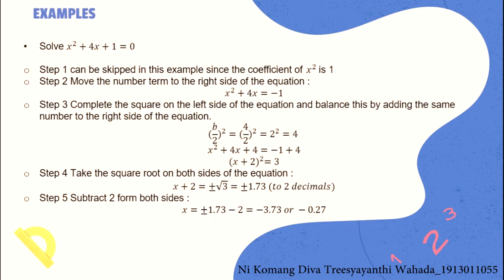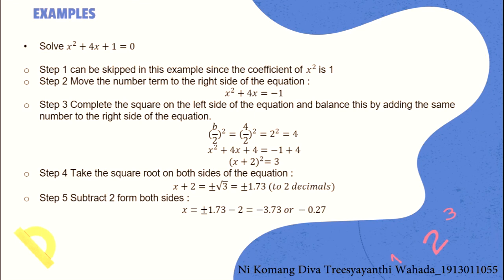b divided by 2 squared is equal to 4 divided by 2 squared, which is equal to 2 squared, which is equal to 4. x squared plus 4x plus 4 is equal to minus 1 plus 4. x plus 2 squared is equal to 3.